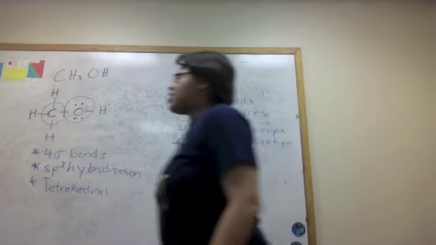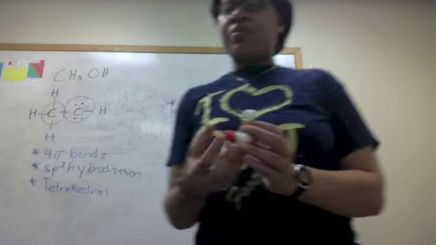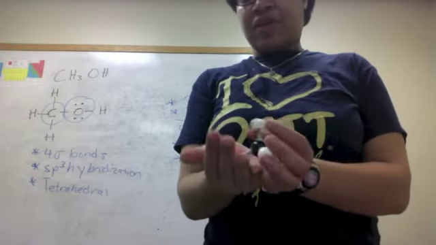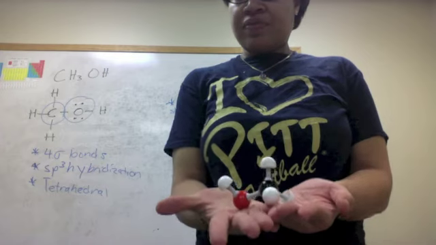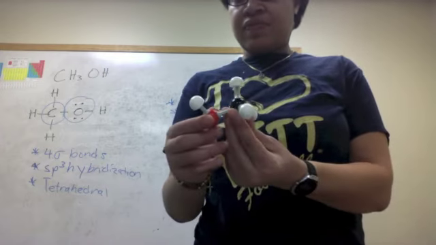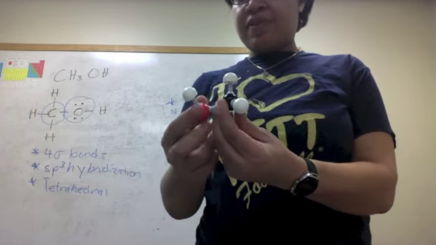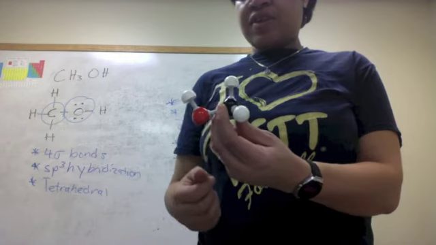Once again, it is easier to look at a molecular model of our molecule. Here's the carbon atom in methanol. Here are its 4 sigma bonds, and they adopt a tetrahedral geometry.